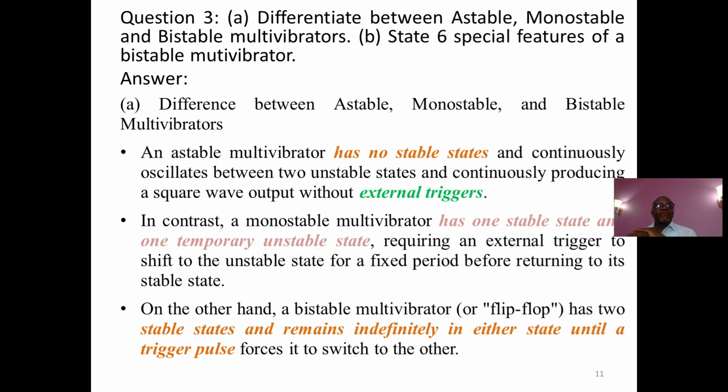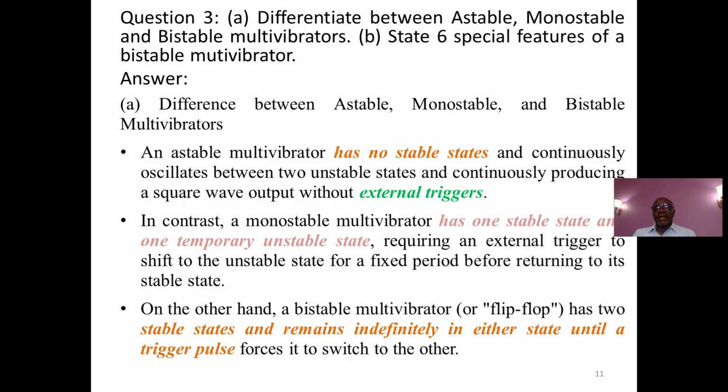We say that an astable multivibrator has no stable states, and continuously oscillates between two unstable states, continuously producing a square wave output without external triggers. So we've known what oscillators mean.